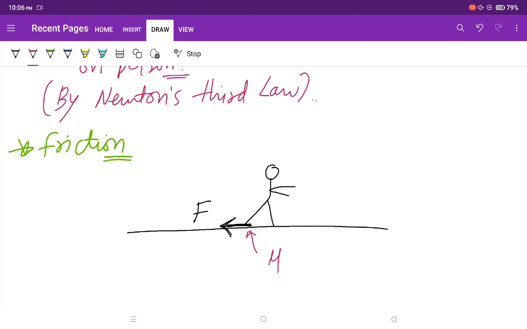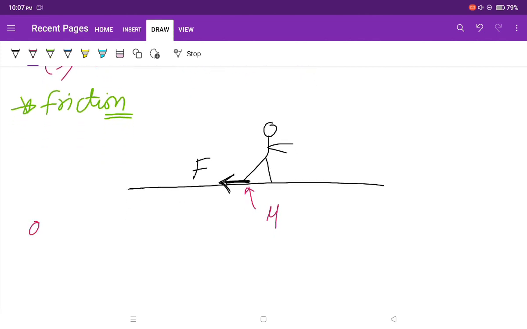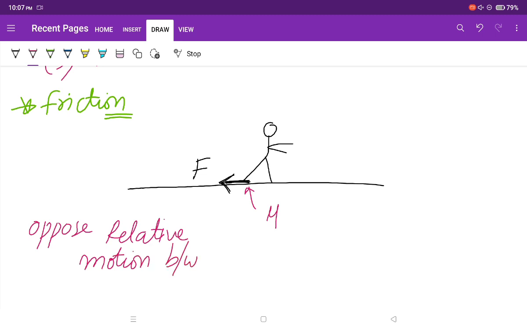Friction does not oppose motion. Friction always opposes relative motion between objects.